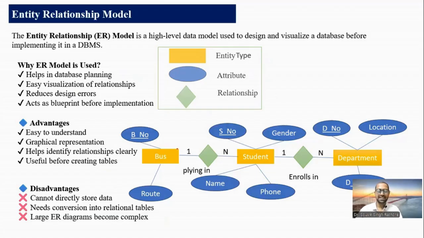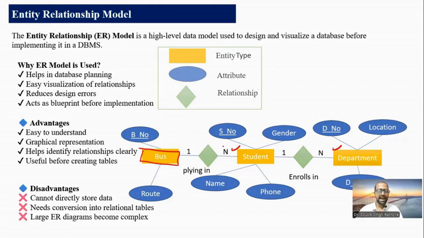Now let's understand the diagram shown on the slide. Suppose we are designing a database for a college transportation system. Here we have three important entity types: the bus entity type, the student entity type, and the department entity type. You have to notice that each of these entity types is represented with a rectangle. Each entity has its own properties.